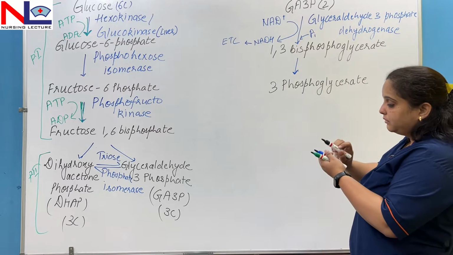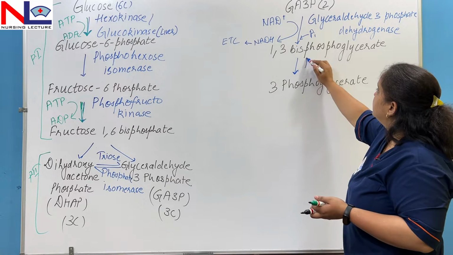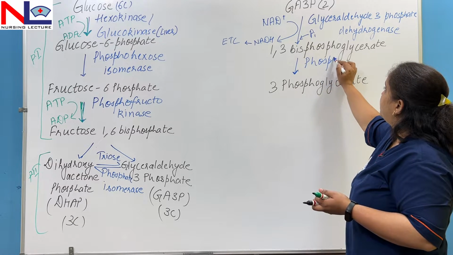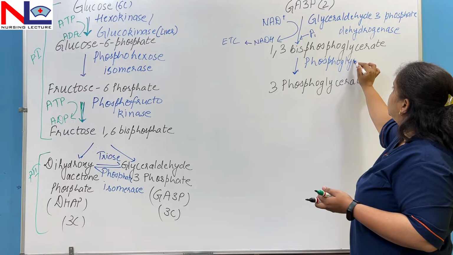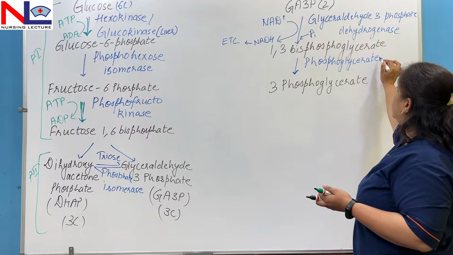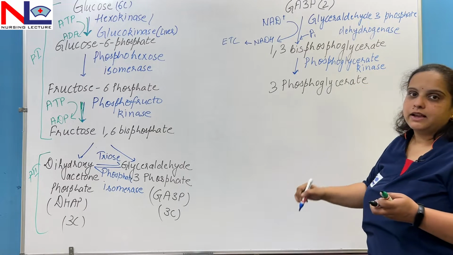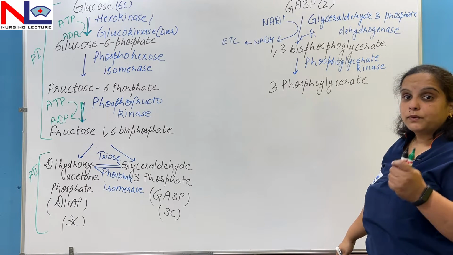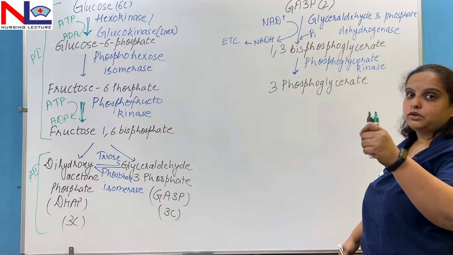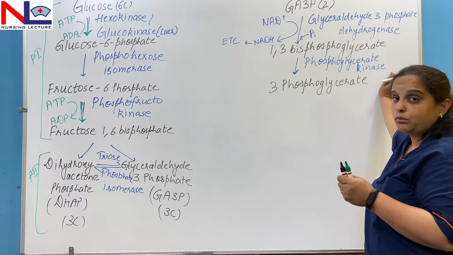The enzyme that catalyzes this reaction is phosphoglycerate kinase. As I mentioned previously, kinase enzymes help in phosphorylation, that is adding a phosphate group to the high energy yielding molecule.